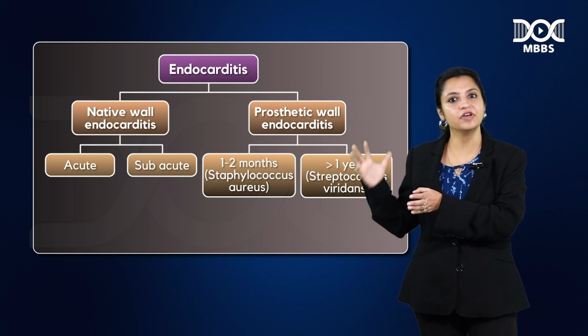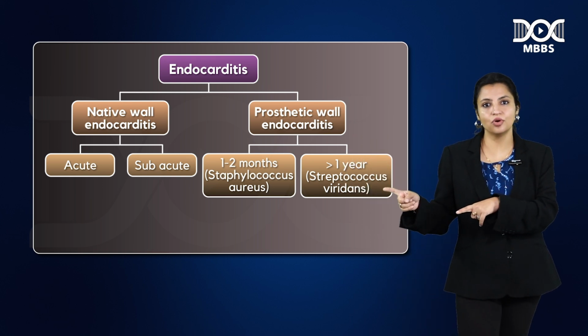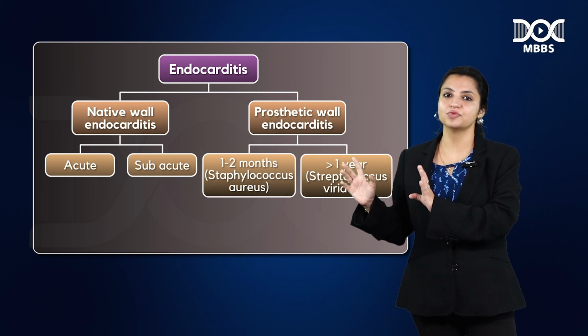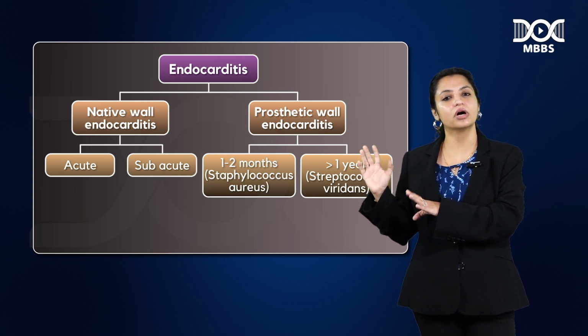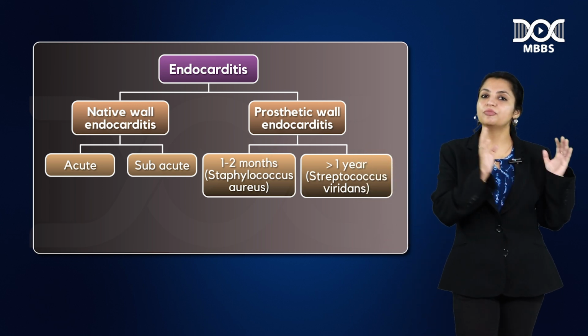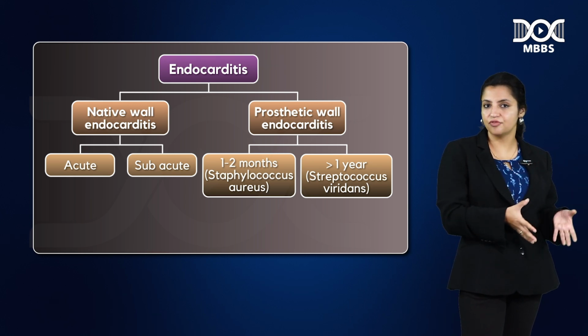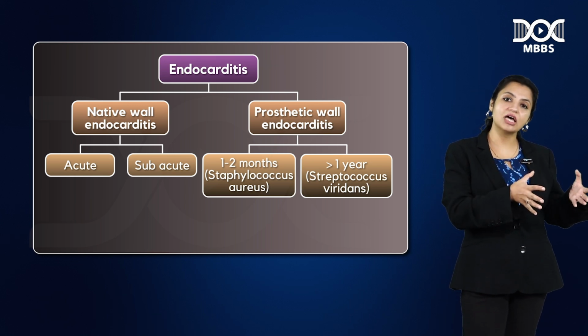It is usually streptococcus viridans. Although staph can also cause endocarditis after 1 year, the majority of the time it is streptococcus viridans. Before 1 year, within 1 to 2 months, it is usually Staph aureus.